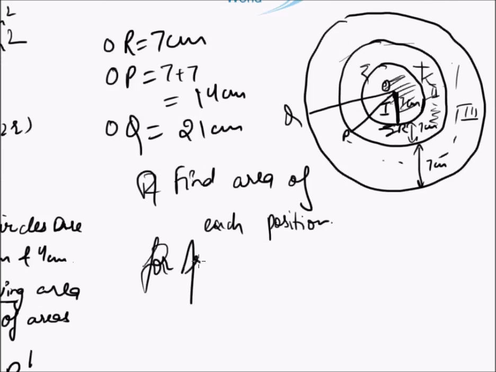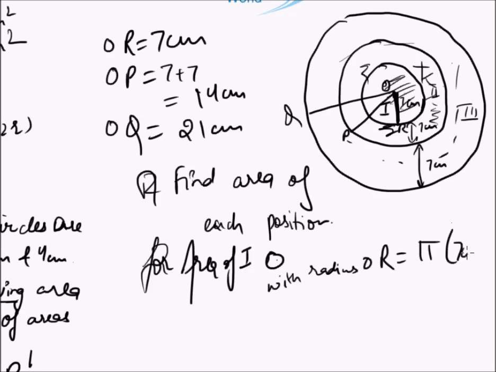Now the area of the first circle with radius OR is pi into 7 centimeter whole square, that is 7 square pi.